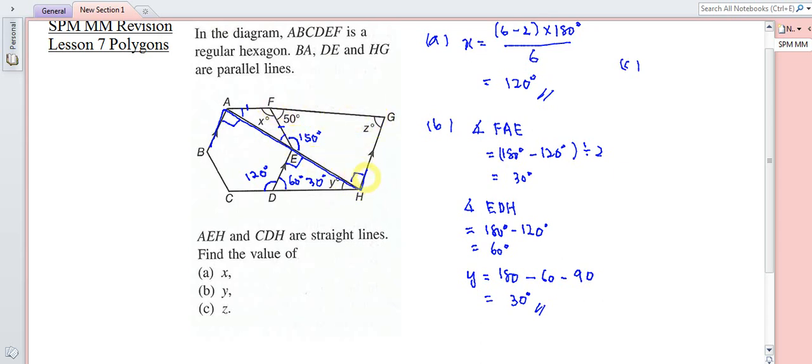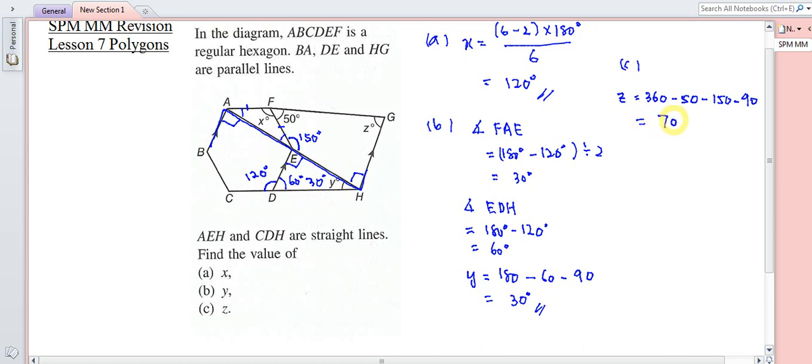So the sum of the interior angles for a quadrilateral will be equal to 360. So z is equal to 360 minus 50 minus 150 minus 90. Okay, so just press the calculator. 360 minus 50 minus 150 minus 90. Okay, you will get 70 degrees.